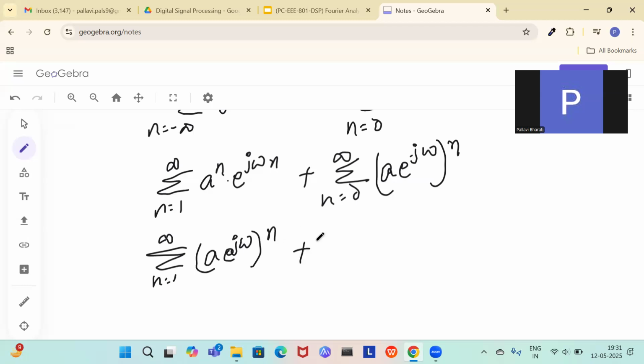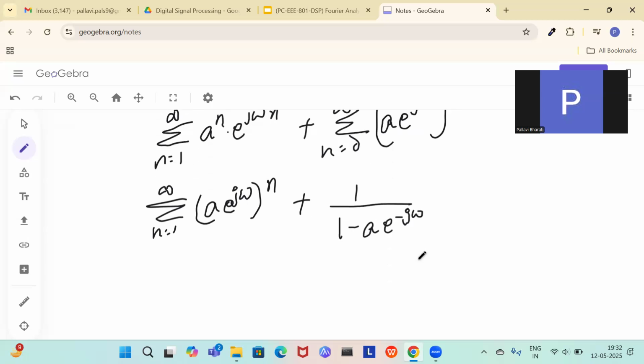Now for this one, the first term is 1, and the common ratio will be a e^(-jω), right? So the value is going to be 1 by 1 minus a e^(-jω).